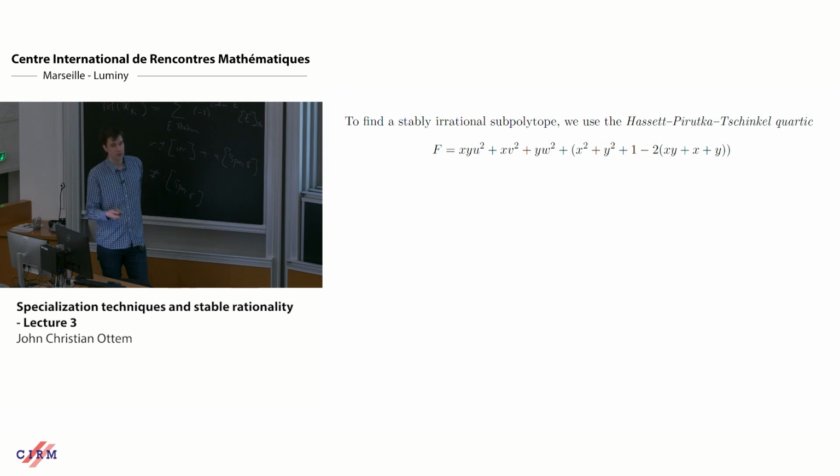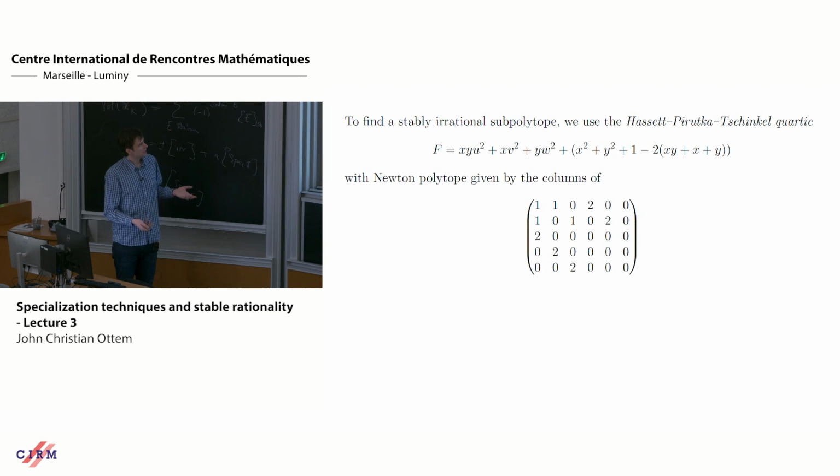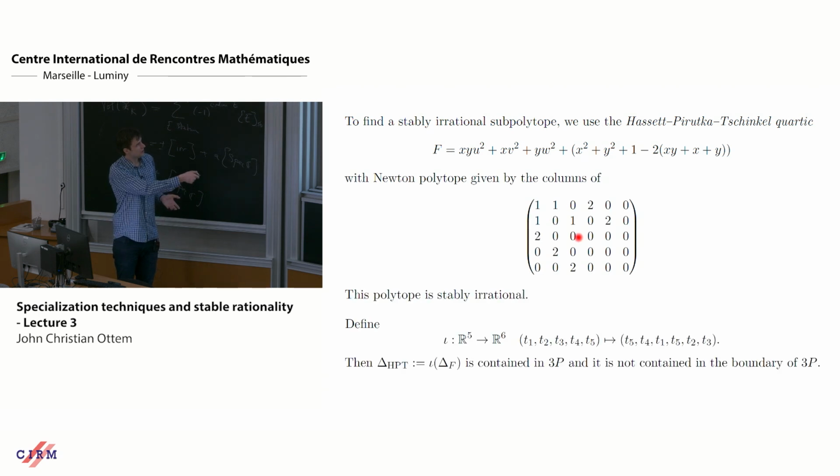And again, we use this Hassett-Kresch-Tschinkel example. So this is sort of the nicest polytope that we know that corresponds to stably irrational 4-folds. And in this case, we're able to take this polytope that we had before and embed it into our 6-dimensional polytope. And that's basically it.